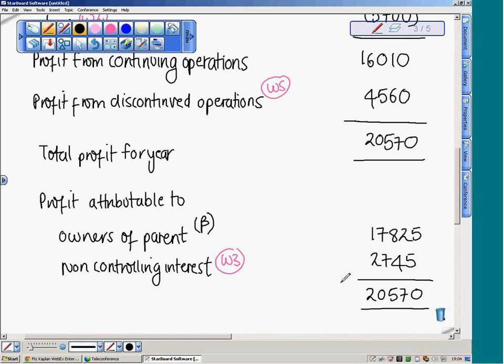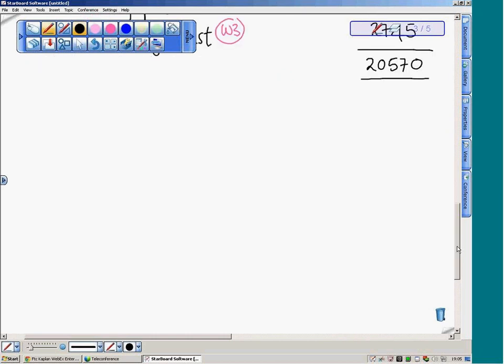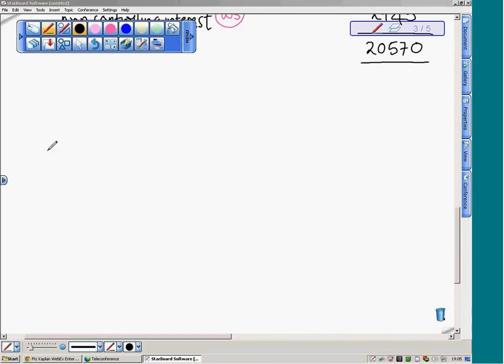Okay. Having dealt with part A, what we'll now do is move on to part B, and part B in this question is to think about preparing the retained earnings. So if we read the requirement, the retained earnings brought forward at 1st of April. I'm just going to do that underneath.